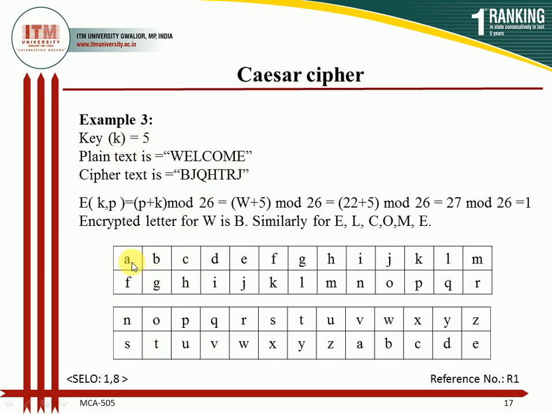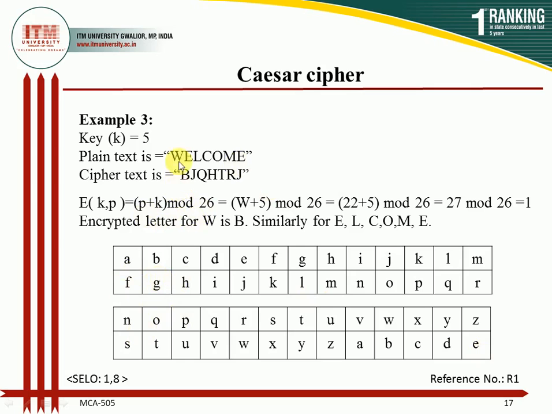Whatever the key is, just remove that many alphabets. Here the key is 5, so A, B, C, D, E are removed and we start with F. We write all the alphabets until Z, and upon reaching Z, we write the alphabets we removed, starting from A, B, C, D, E, right? This is the way to construct the table.